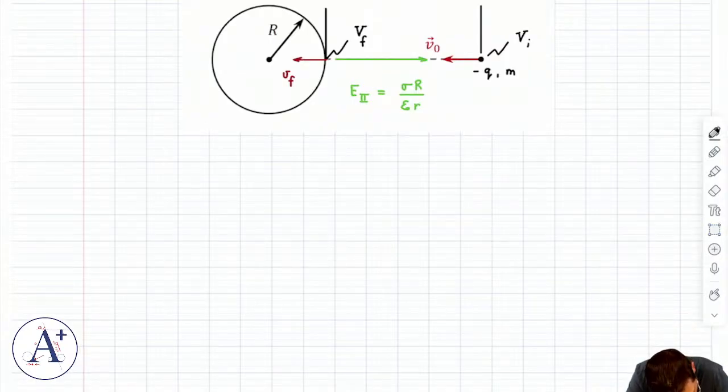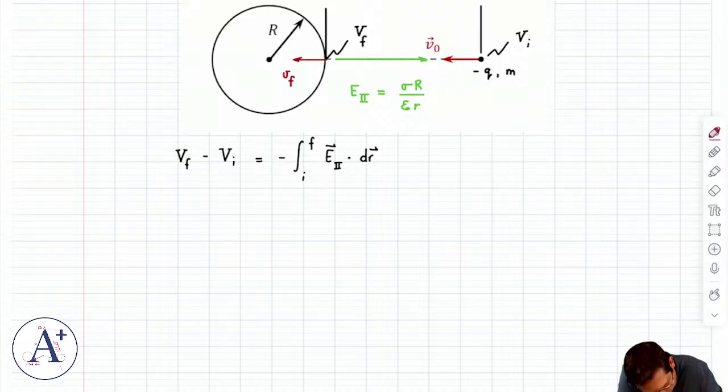Delta V is V final minus V initial. And like I said before, let's write the formula as is. So it's minus the integral from initial to final of E, which in this case is E2, dot dr. Quick reminder, we talked about this last week when we did Gauss's law.